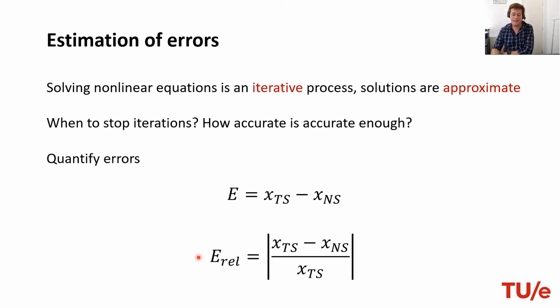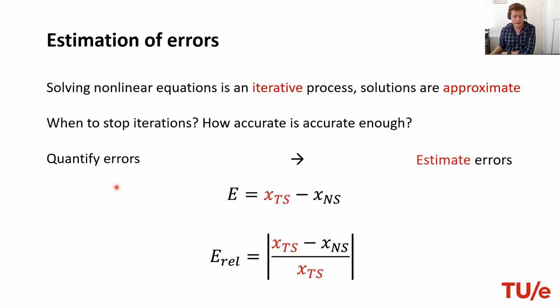However, a challenge here is that in these errors, the true solution, x_ts, is not known. So computing both the total error and the relative error is actually impossible if you don't know the true solution.